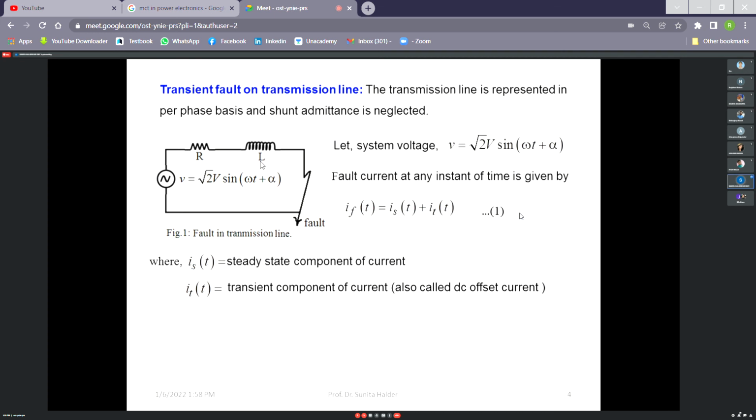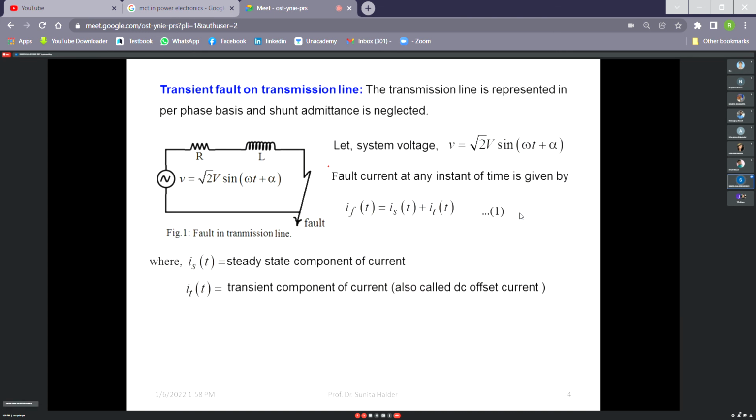This type of question may be asked in the examination. If V is the RMS quantity, then the voltage is √2 V sin(omega t plus alpha). I have assumed an initial phase of the voltage, right? This is not the usual path of the current.